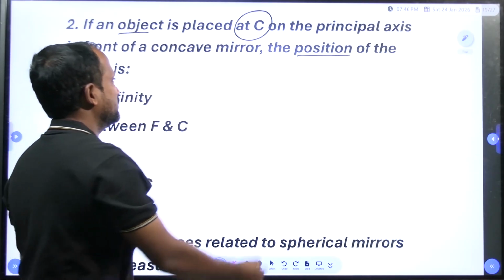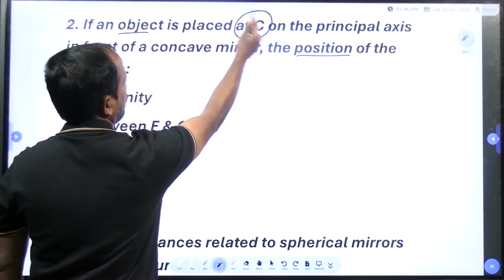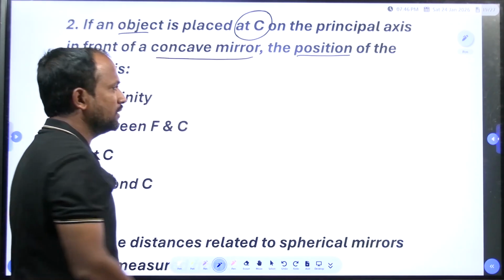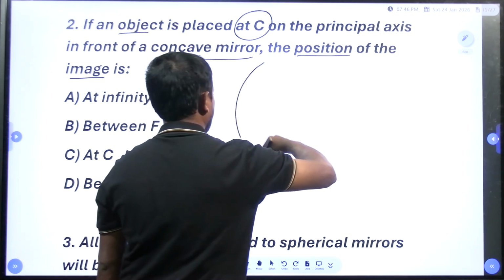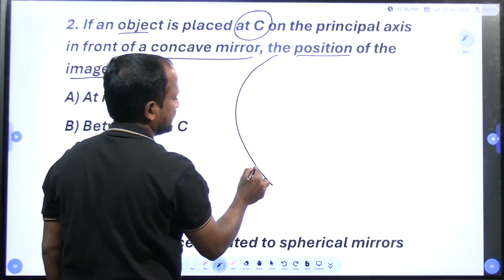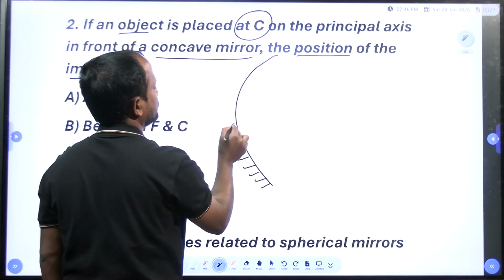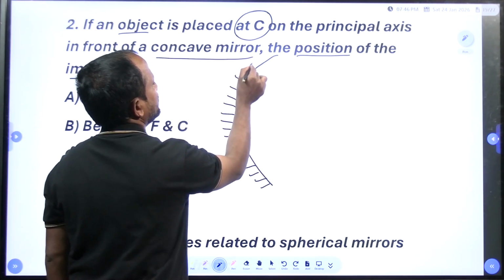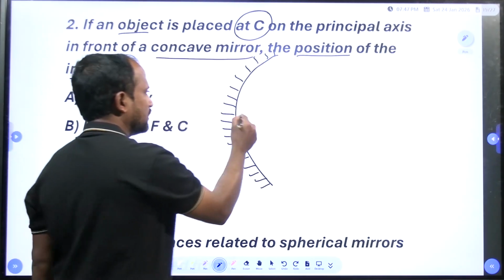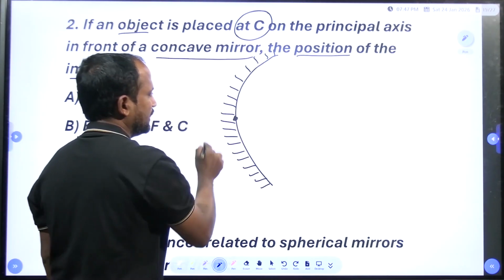Okay, right. So here the object is placed in front of the concave mirror. I will draw the concave mirror. The outer surface is polished, the reflecting surface is the inward surface, and this curved surface also has a center point.